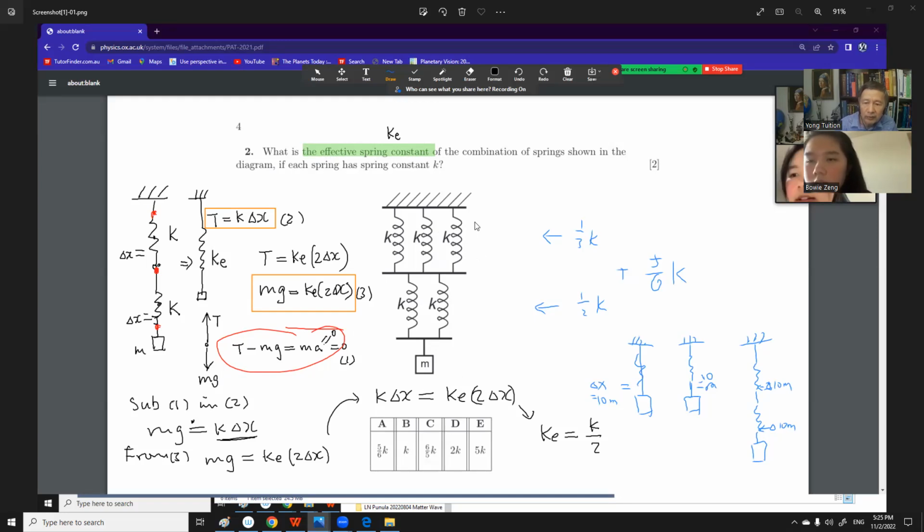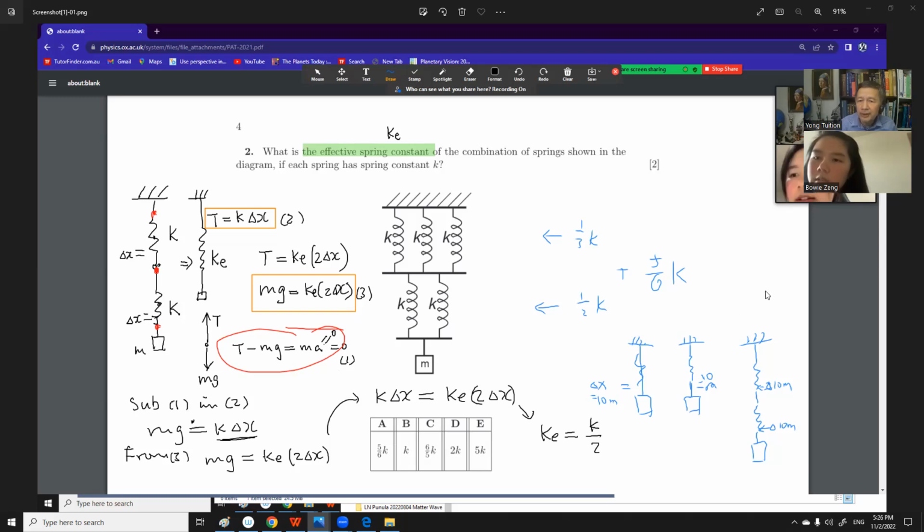To find the displacement, the mg is divided by 2 springs, so the force on each of the lower two springs is half. On the other hand, the mg is divided by 3 springs, so each force is 1/3 of mg. Based on this, you can work out how long the spring must be extended.